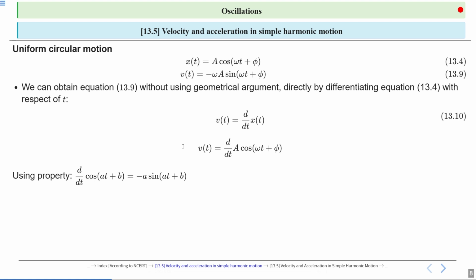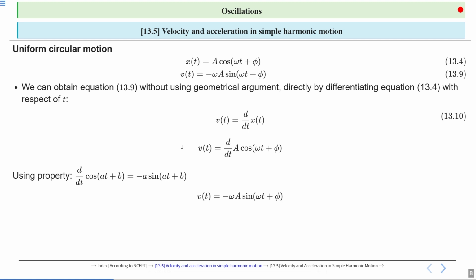So using the property, differentiation of cos at plus b with respect to time is equal to minus a sine at plus b. This tells us that the derivative of a cosine function is negative sine function multiplied by the coefficient of t inside the argument.